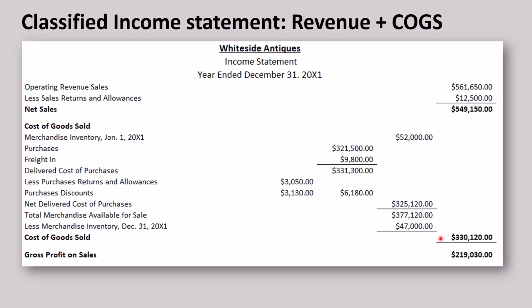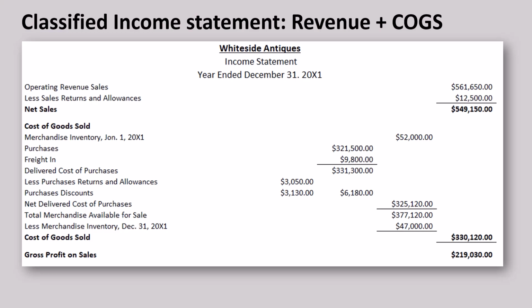After subtracting cost of goods sold from sales, we arrive at gross profits on sale of $219,030. And gross profit becomes a key amount that helps analysts understand the company's pricing and costs.